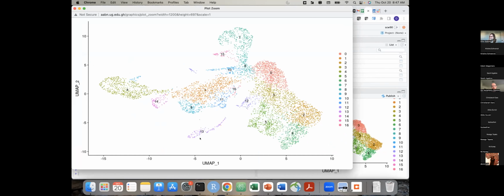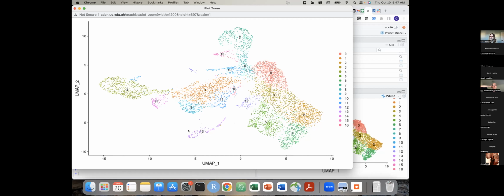The overall goal of what we're doing here is to identify cell types and cell states in these patients who have COVID-19 or these control people who are healthy, or at least don't have COVID. Each grouping of cells in a cluster consists of cells that are transcriptionally similar to one another, so they have similar gene expression profiles. And those gene expression profiles can be interpreted to understand what cell type these cells are coming from.